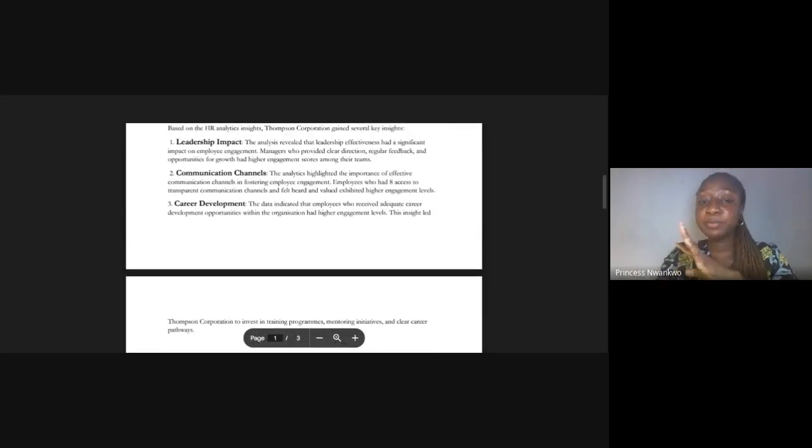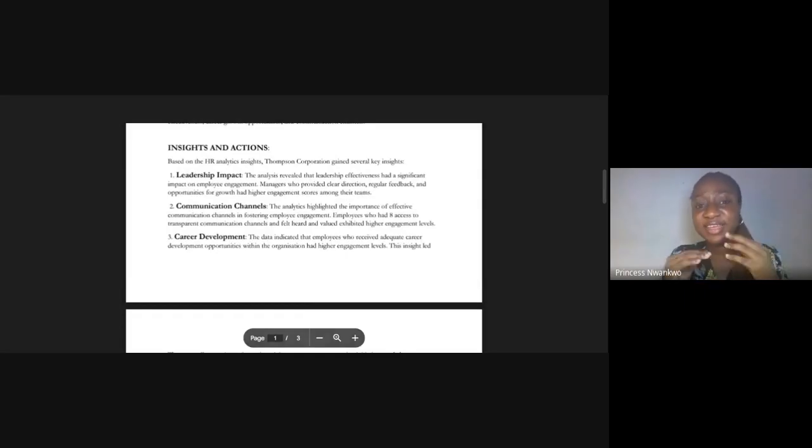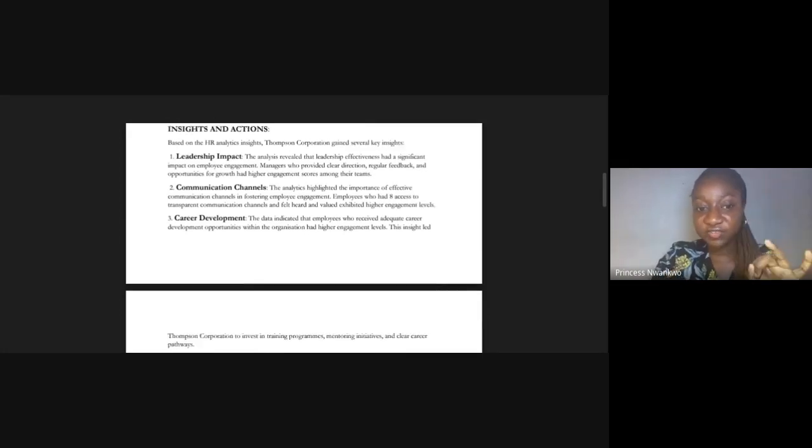So now they were able to divide the insights into these three key areas: leadership impact, communication channels, and career development.